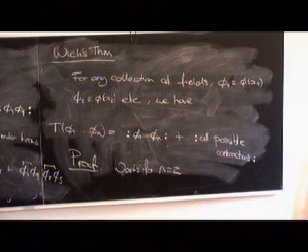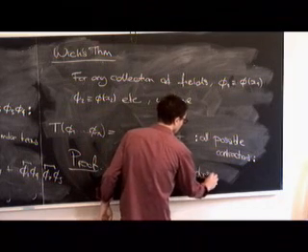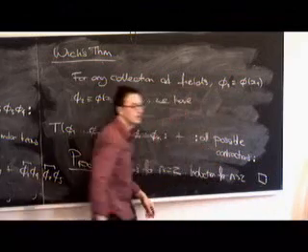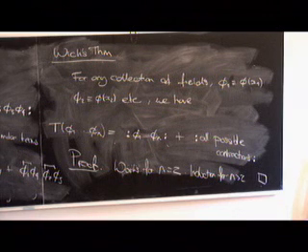Okay, so it works for n equals 2, and then the proof just follows by induction for n greater than 2. So assume it works for n, and prove it works for n plus 1.